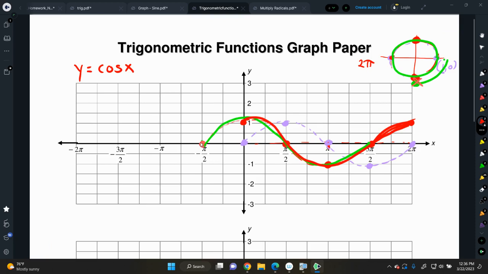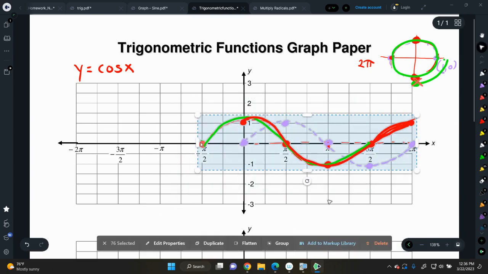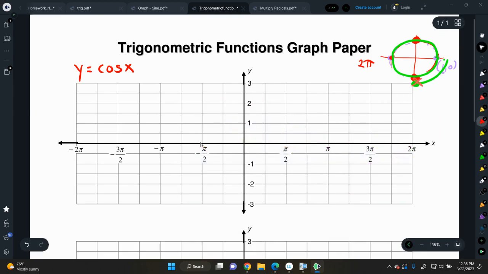So the way I recognize a cosine curve, if they're basically the same curve but shifted, is to look at the y-axis. A sine curve is going to cross the y-axis at 0. The cosine curve is going to cross the y-axis at 1. So we've got the same shape.